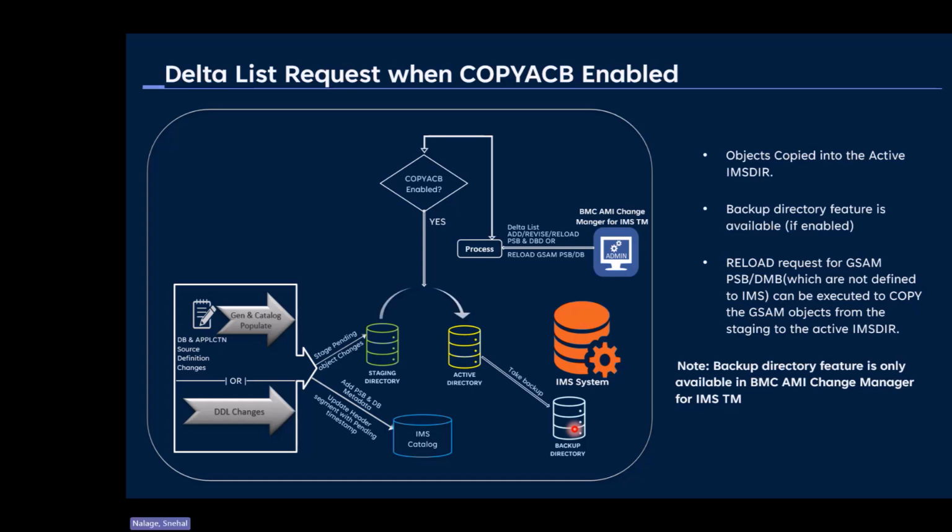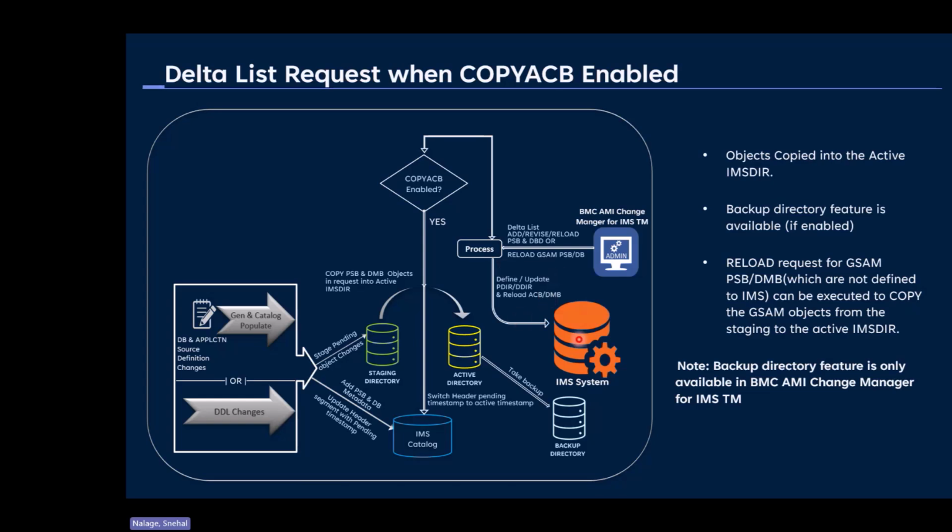Then it moves it from the staging to active and updates the catalog to switch the timestamp from pending to active in the catalog header segment for that PSB and the DMB. So this is how it works.